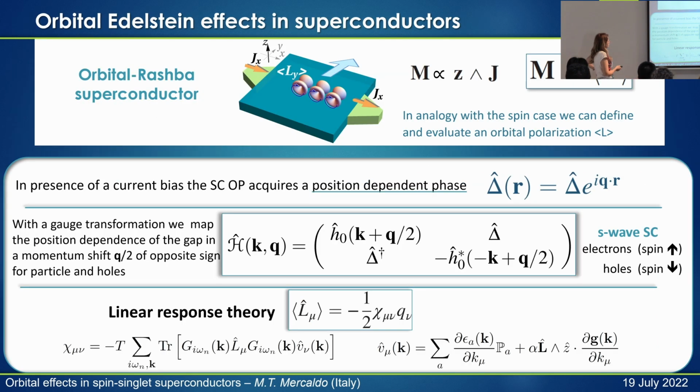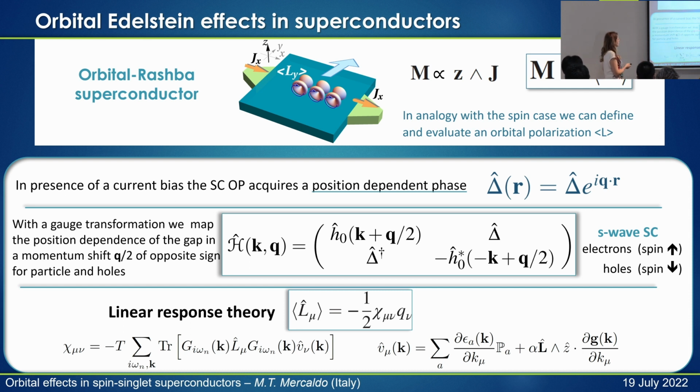What's the difference in superconductors is the presence of a current bias. How do we study it? It gives a position-dependent phase to the superconducting order parameter. Here we have only the orbital Rashba coupling, and we don't have the other extra symmetry-breaking terms that I discussed before.